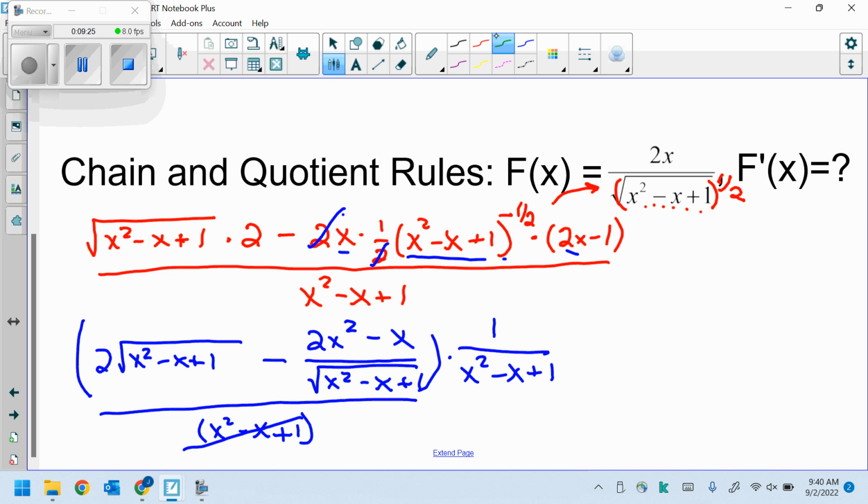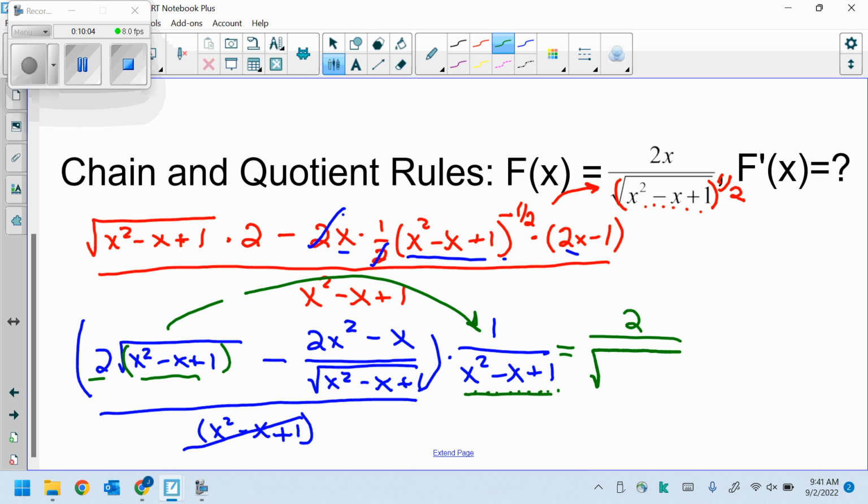All right. If I take this times this guy, this is x squared minus x plus 1 to the half up on top. This is x squared minus x plus 1 to the 1 power on the bottom. I think the bottom wins. I think I'm going to end up with this 2 up on top, and when I resolve this times this thing being on the bottom, I end up with x squared minus x plus 1 on the bottom.